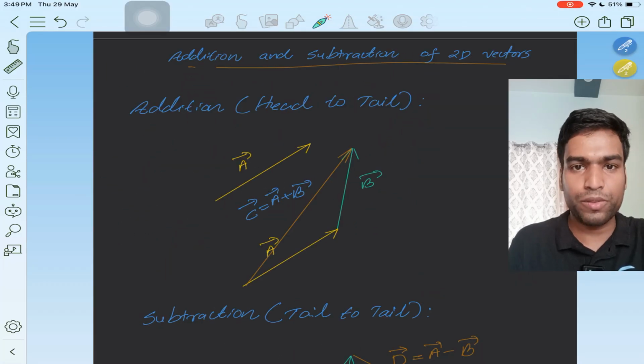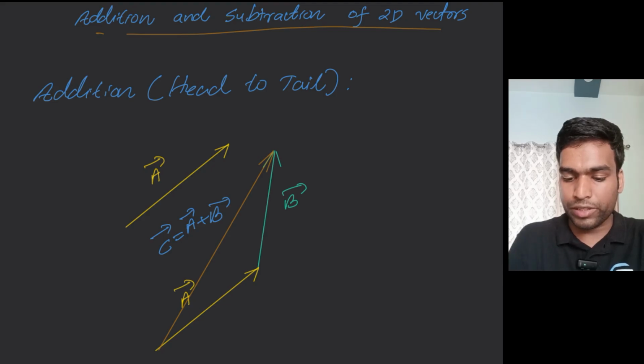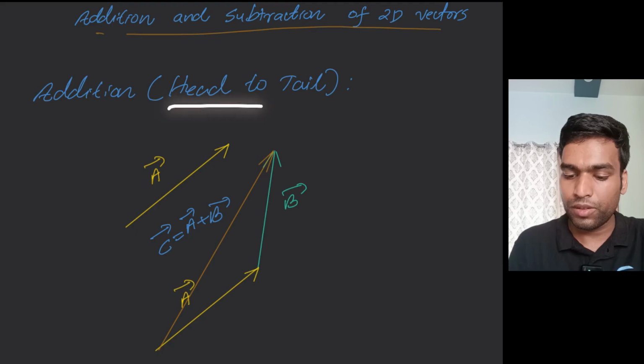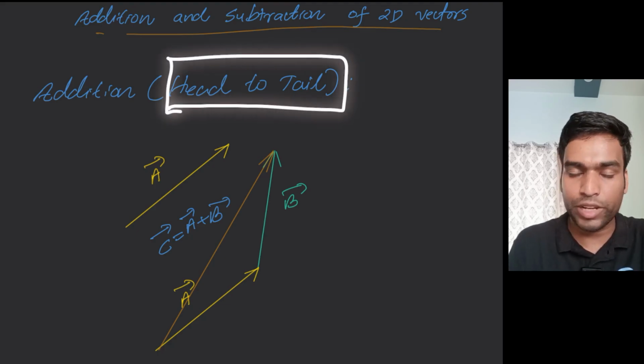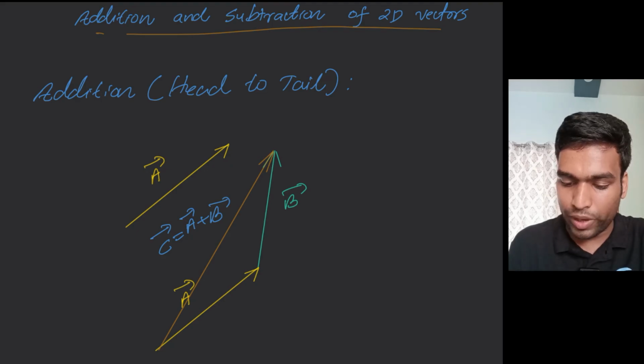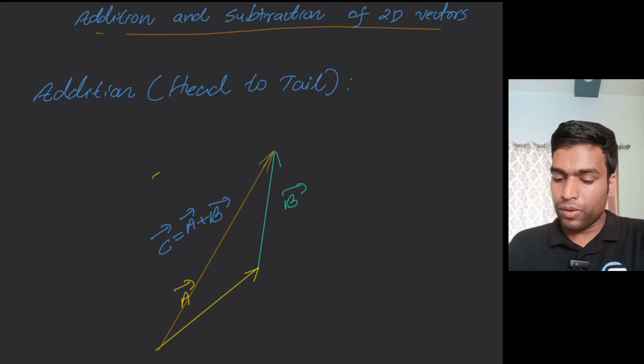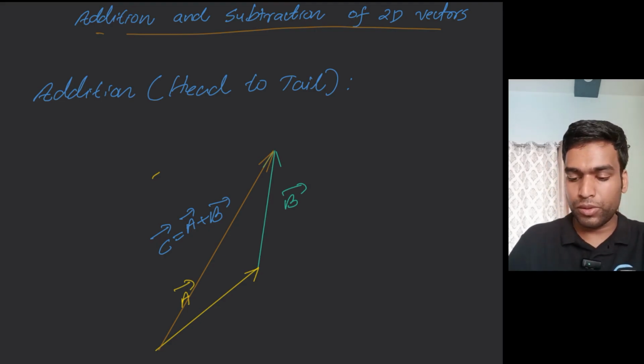Now let's focus on the algebra of 2D vectors. Let's focus on the addition of 2D vectors. We will use the same method as in the case of one dimension, the same head to tail method. So we will draw two vectors a and b. For addition, we will join the a vector to the b vector in head to tail mode.